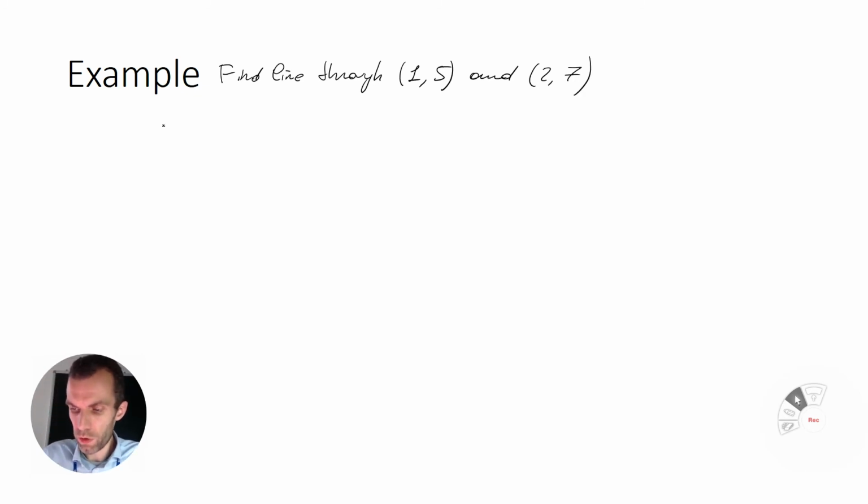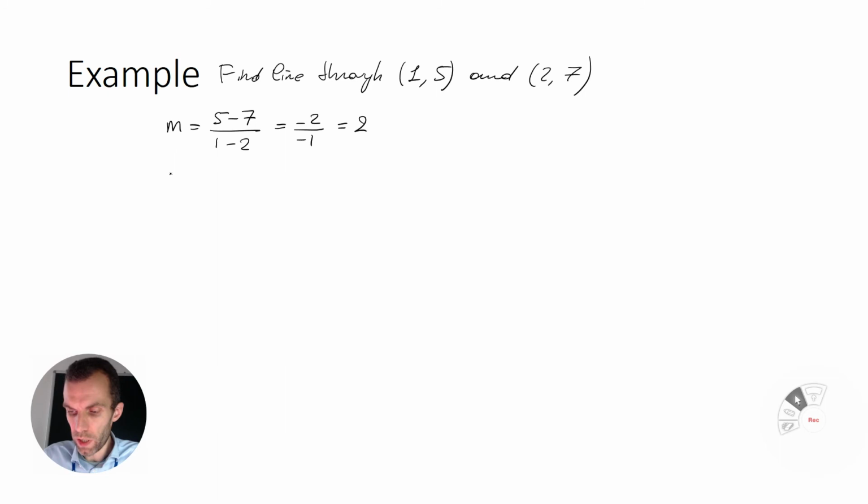First of all, I know that the slope is the difference between the coordinates, y coordinates first. 5 minus 7 divided by 1 minus 2. So that is negative 2 divided by negative 1, or 2.